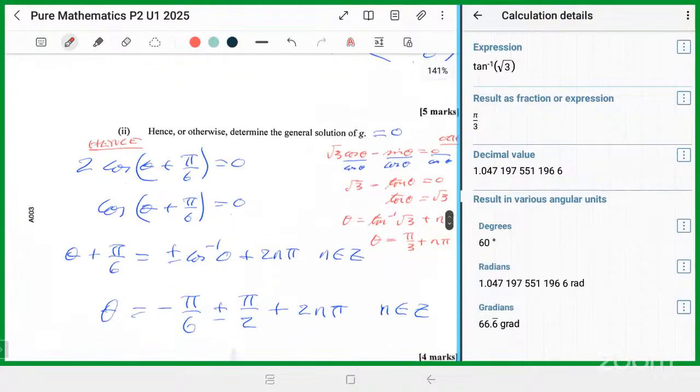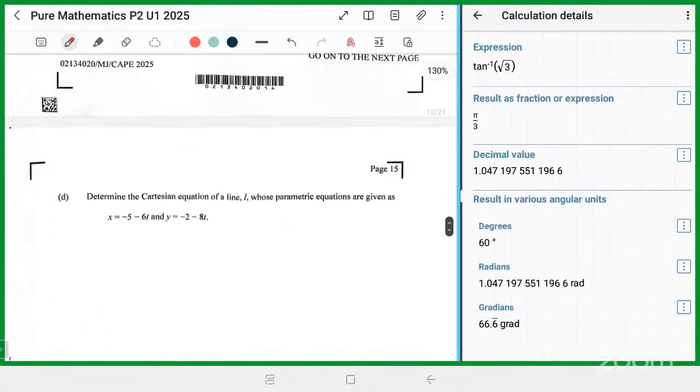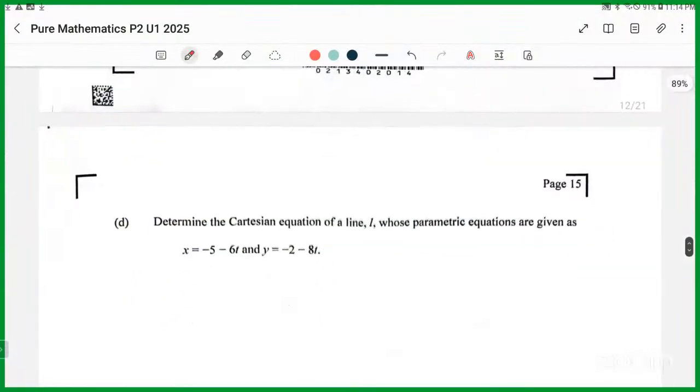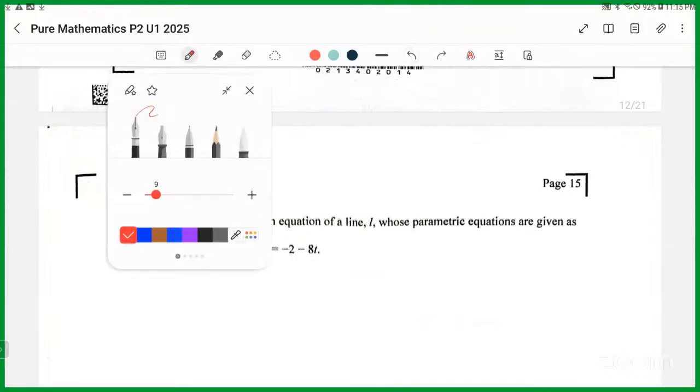I don't want to spend too long on that. Let's continue. This one says, determine the Cartesian equation of the line whose parametric equations are these. What this question is asking is basically substituting out the t. So for this one, you find t by adding it over and dividing by the negative 6.